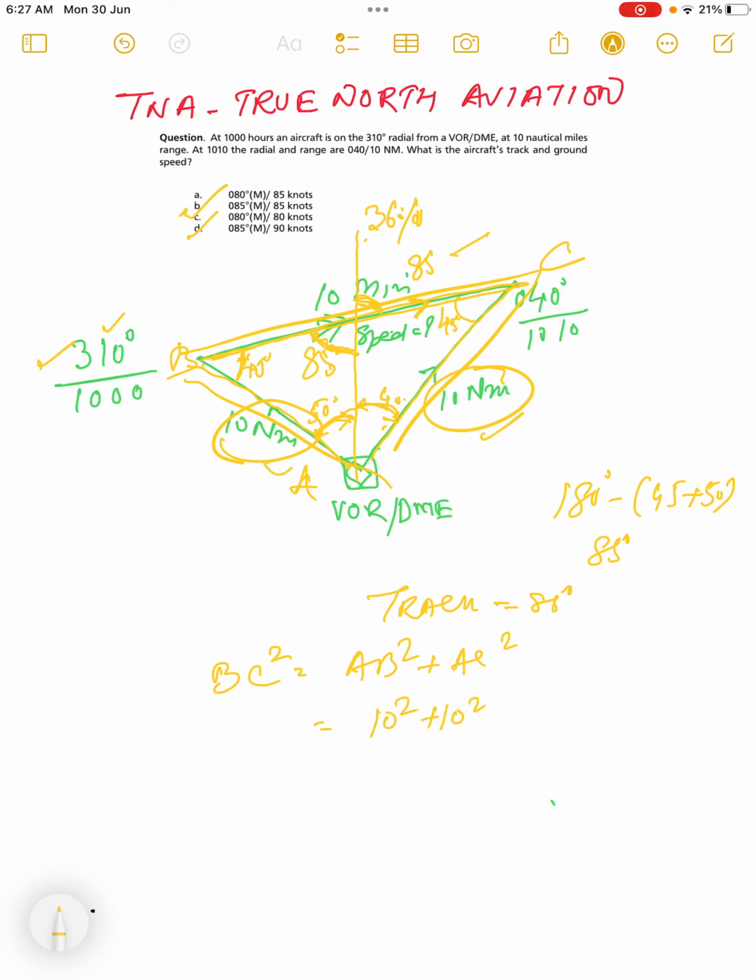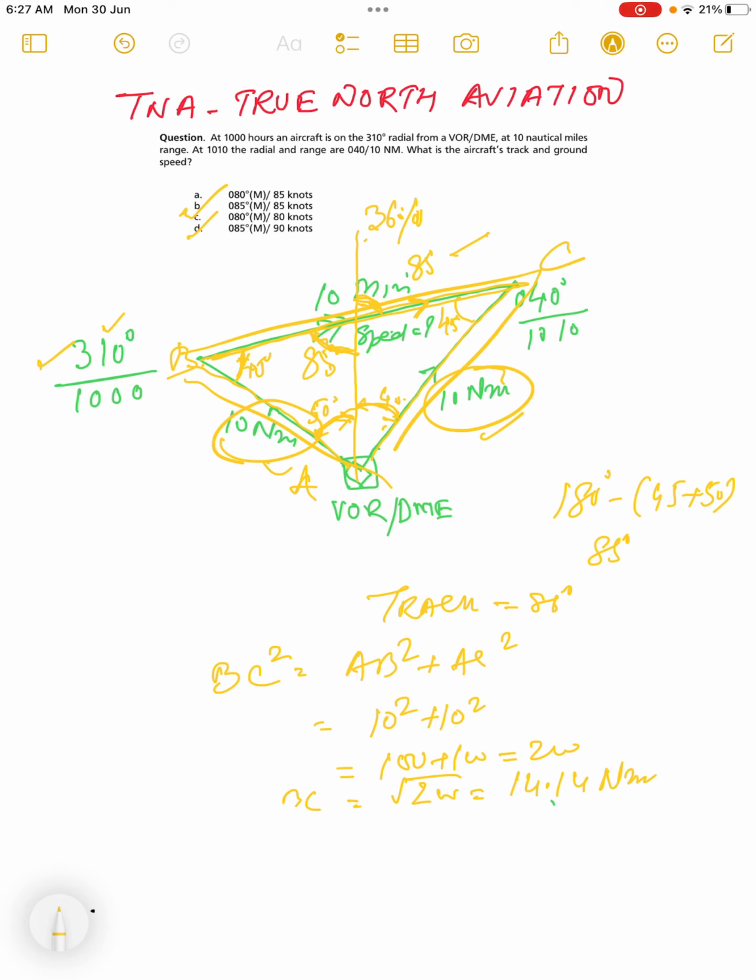This is equal to 100 plus 100, 200, or BC will equal to square root of 200. You can use the calculator. This will come out 14.14 nautical mile.